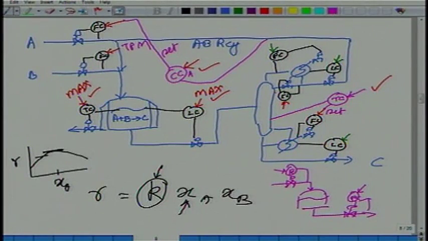If you do not put a product purity constraint, specifying A and B independently is okay. Because if you are putting in more A, it can come out the bottoms. If you are putting in more B, it comes out the bottoms. The moment you put in a purity constraint, that look, my bottom product has to be 99.9% C, it changes the nature of the problem fundamentally.